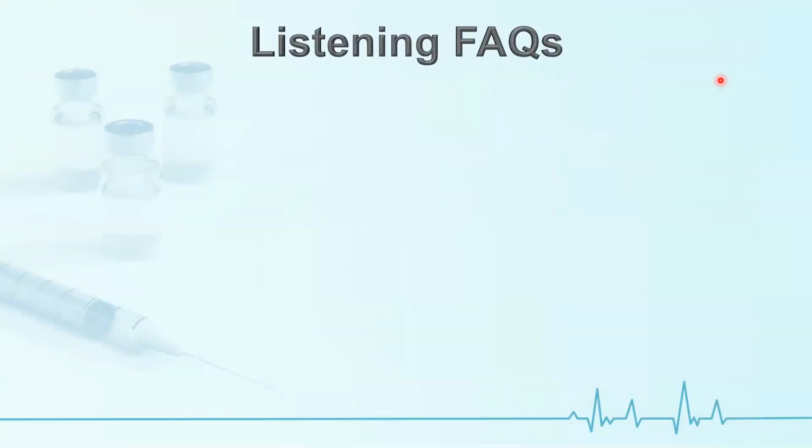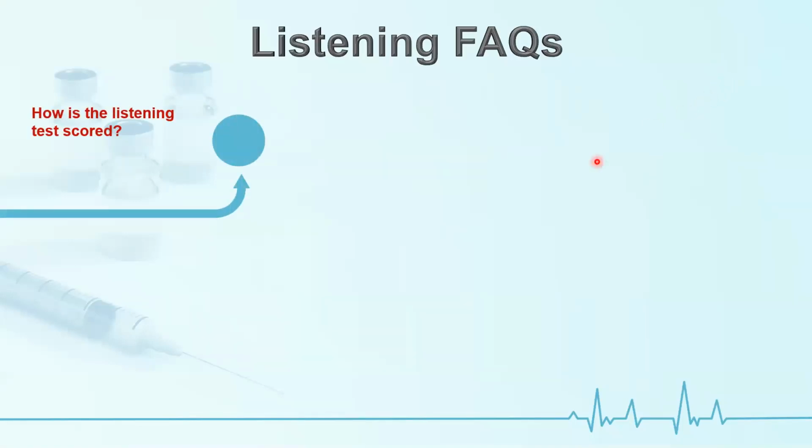Regarding listening frequently asked questions, how is the listening test scored? The full mark is 500 points over 42 questions. So the weight of points for each question is about 12 points.